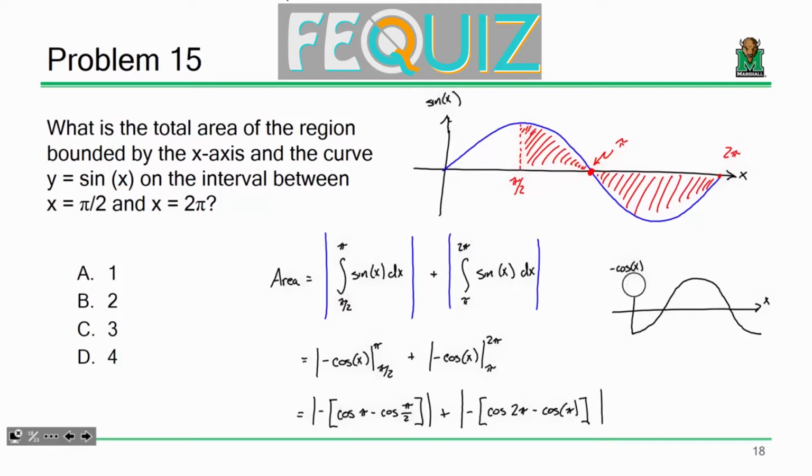And since I factored that negative out, maybe what I ought to do is redraw this graph here. So that's pi over 2. That's pi. Pi over 2. 2 pi. Sound good? Everybody okay with what I did there?